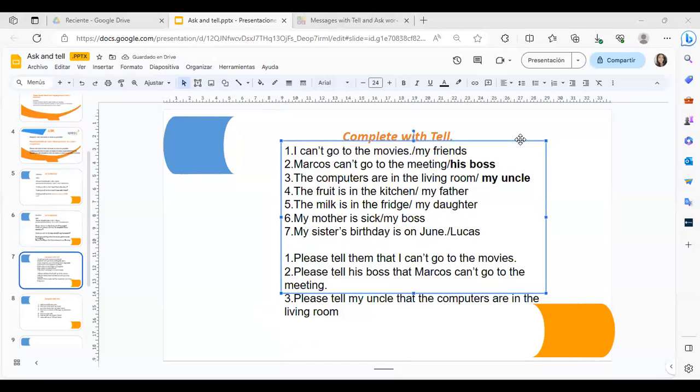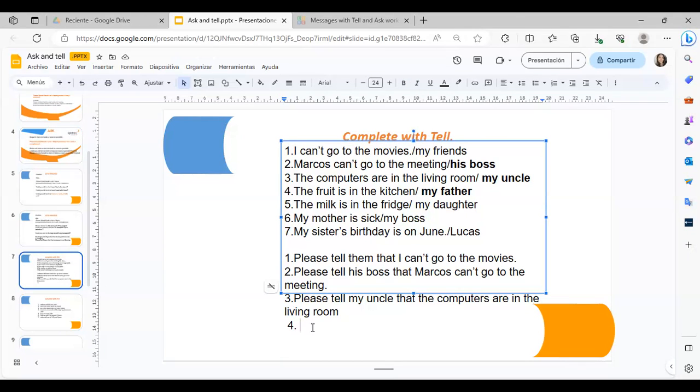Okay. Eduardo, help me with number 4. How would it be? Okay. Tell my father that the fruit is in the kitchen. But please, would or could?